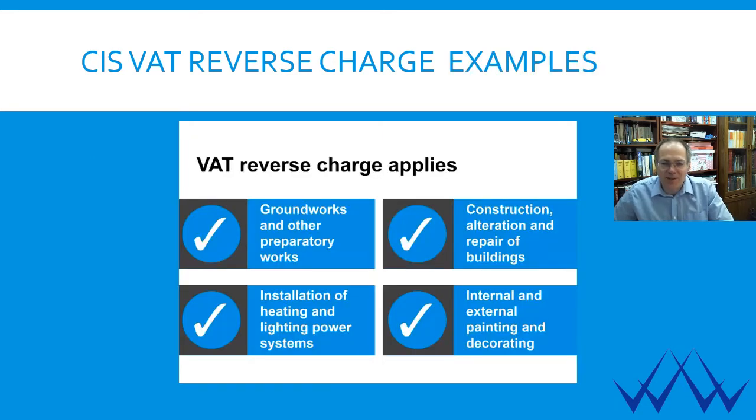HMRC in their guidance gives some examples. For example, as you see on this slide, if you're doing groundworks, then the reverse charge mechanism applies. If you're altering or constructing buildings, it applies. If you're installing heating and power supply systems, or doing internal and external painting and decorating, then the VAT reverse charge system applies.